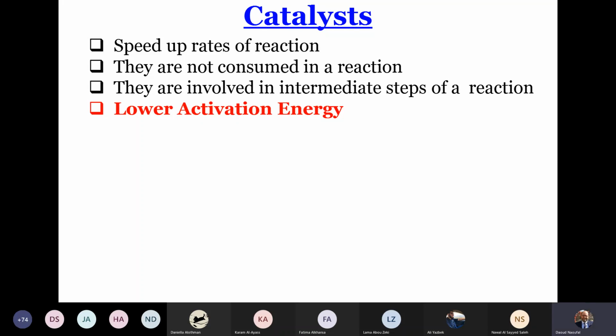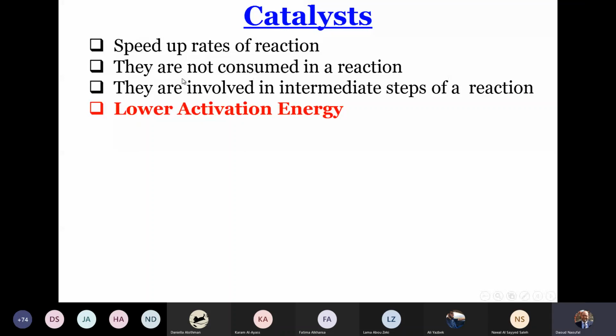and this characteristic of the catalyst supposes that the reaction is spontaneous. Also, for some reactions, we need to add a catalyst to make them proceed.